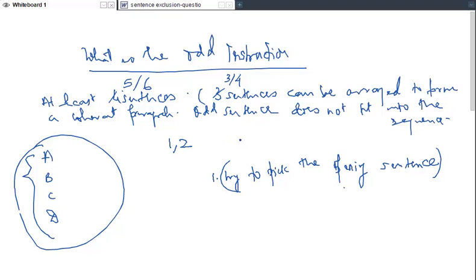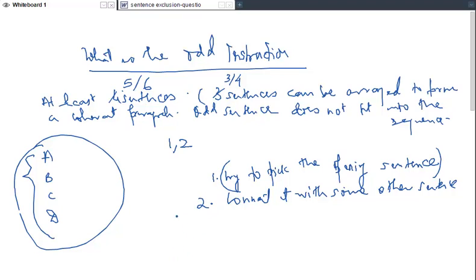In that case, once you have found the opening sentence, then try to connect it with some other sentence, right? This is how you do it basically. The other strategy, this is basically the linear strategy: you pick the opening sentence and try to connect it.